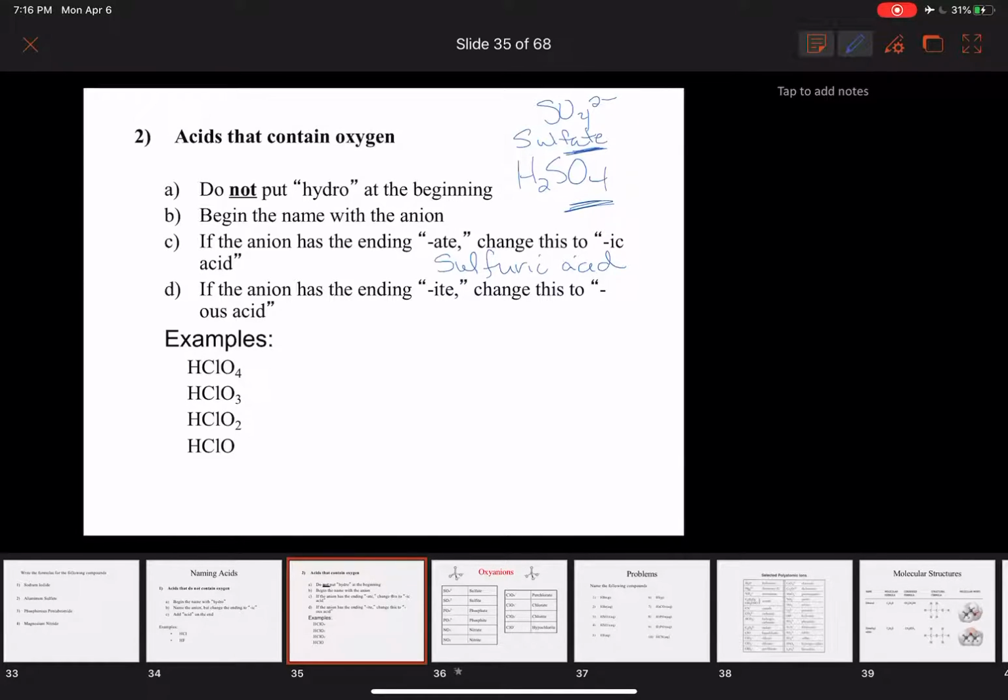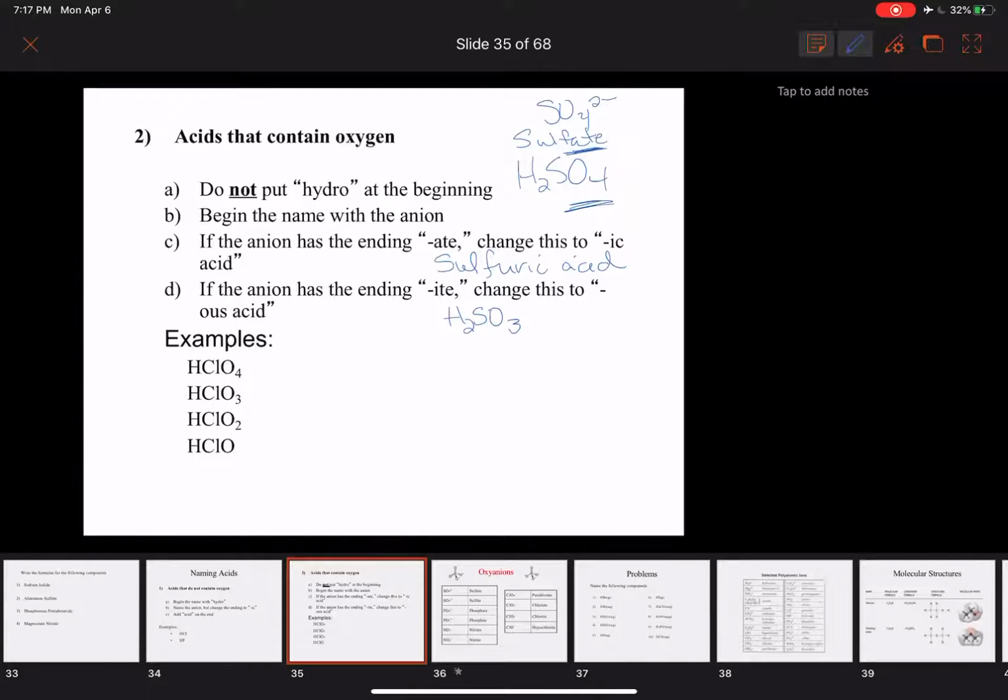If the anion has the ending ite, we want to change the ending to ous acid. So if we had H2SO3, we would go through the same process again and go, okay, we've got some hydrogens on the front there, which probably indicates that we've got an acid.